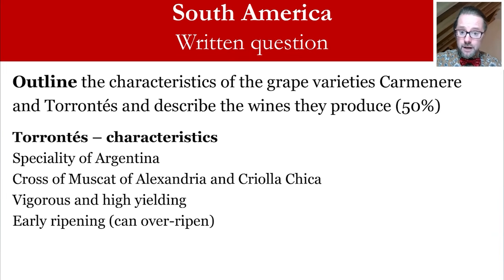This is a fairly vigorous and high-yielding variety, but it is early ripening, meaning that you can in fact find some over-ripening styles, certainly in lower altitude San Juan and Mendoza. That often leads to a lack of acidity and a bitter finish.